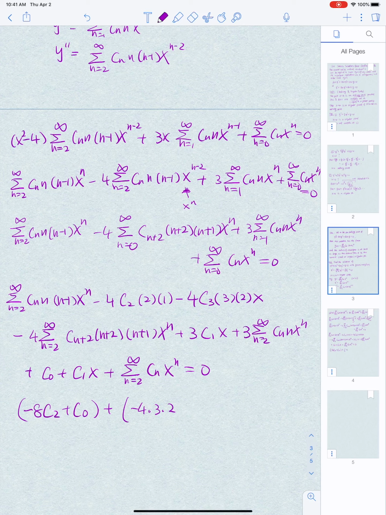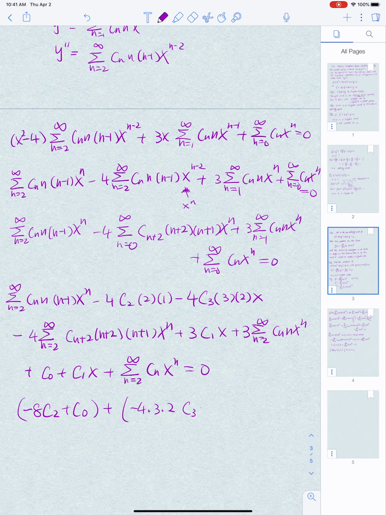times 3 times 2, C3, then plus 4C1x. And 4C1 comes from this 3C1x and C1x. Add them up.